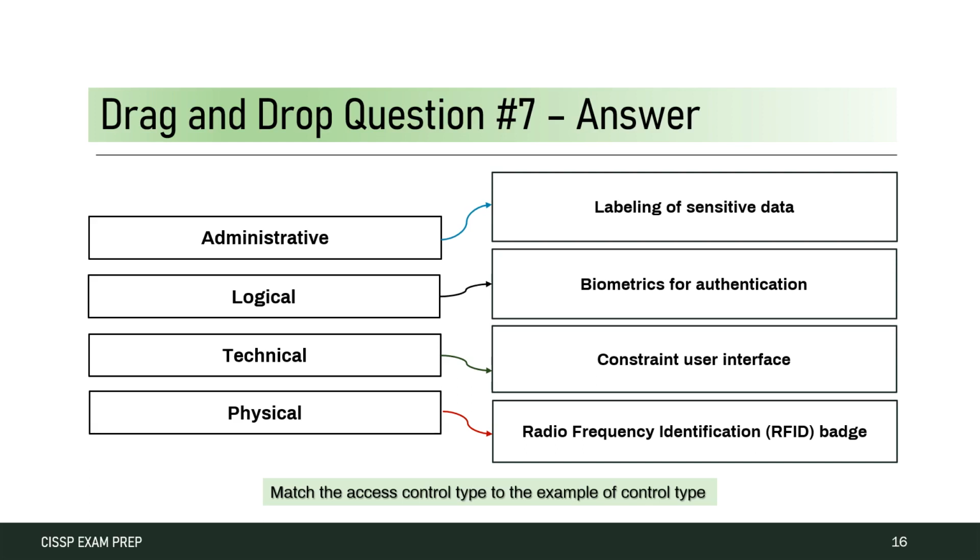When you configure your interface, based on the programming structure, you can create a constraint over your user interface, which could be GUI, graphical user interface, or even command line. That would be the example of the technical access control type. While physical has the example of having radio frequency identifier or RFID badge.